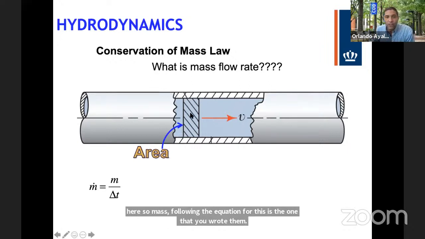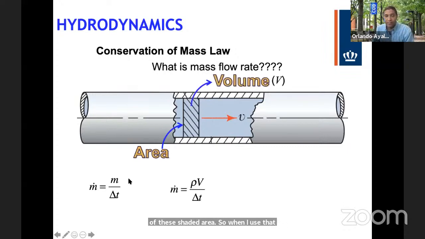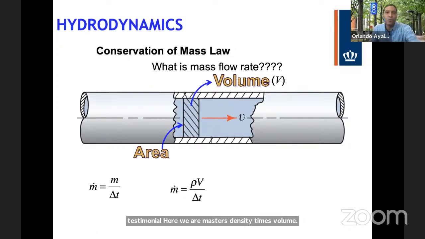The volume of this shaded area. So I'm going to use that concept. Mass is density times volume, once again the volume of the shaded area. And here's the advantage of using a cylinder: I know how to compute that volume.